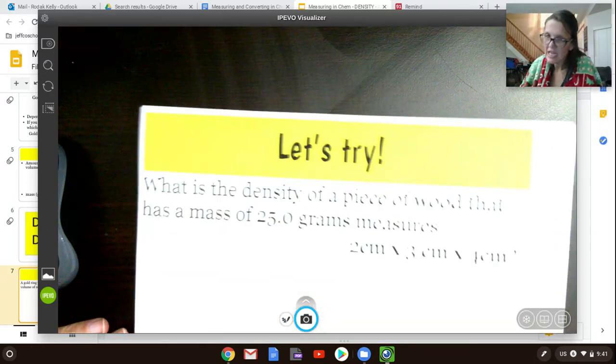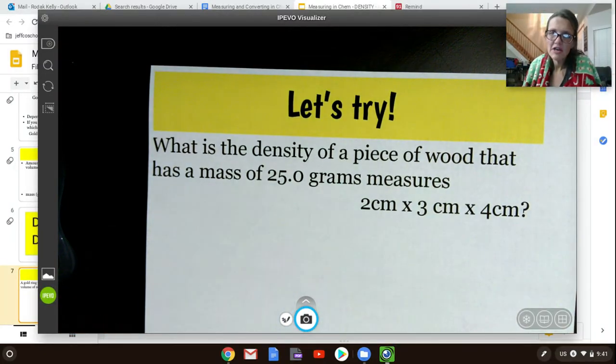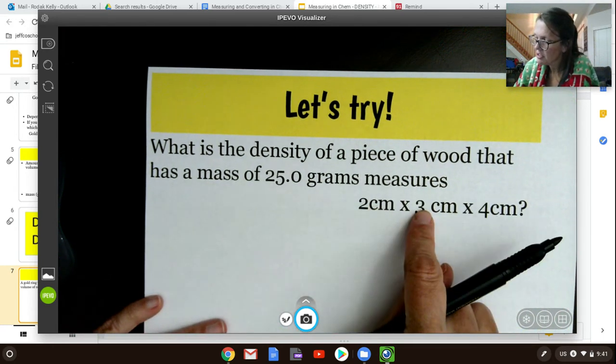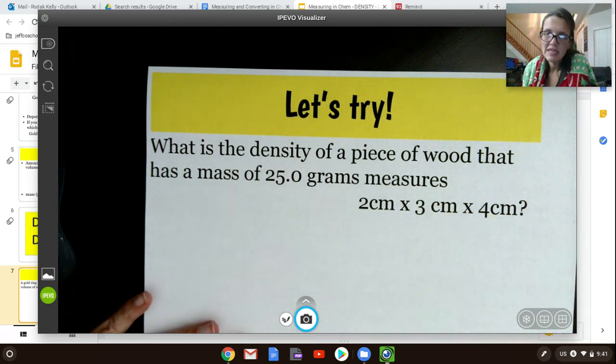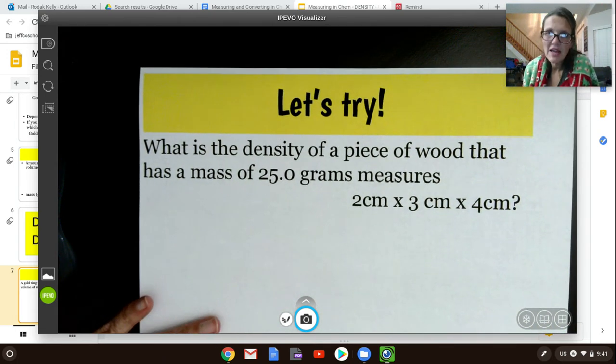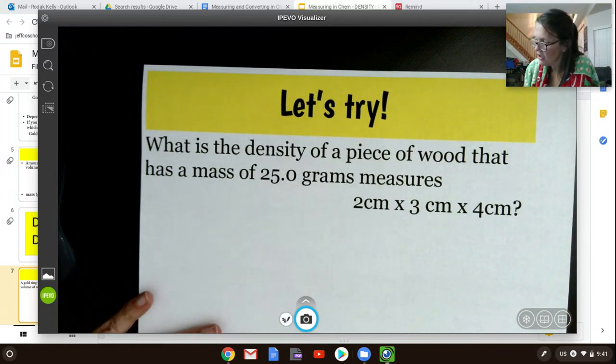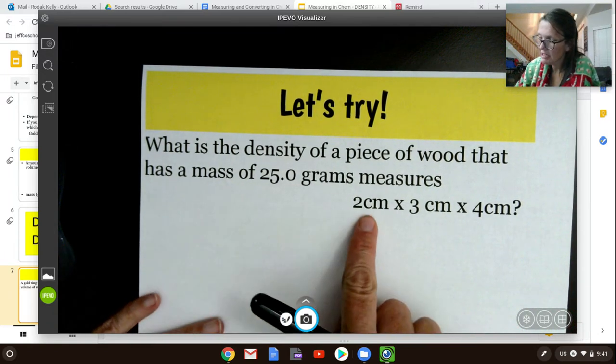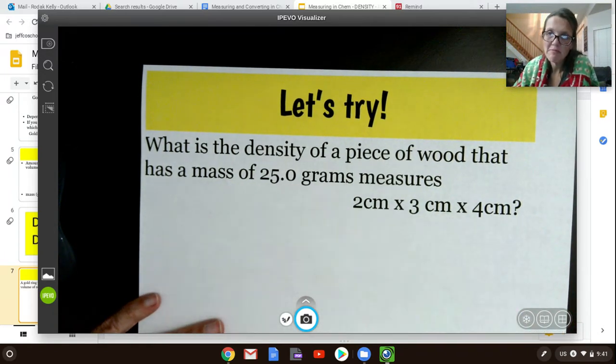Okay? In this question, we want to know the density of a piece of wood that has a mass of 25 grams and it measures 2 centimeters by 3 centimeters by 4 centimeters. Now, this is different. It says nothing about milliliters, right? And we're also talking about a solid piece in this case, which must be regularly shaped because we could measure it.